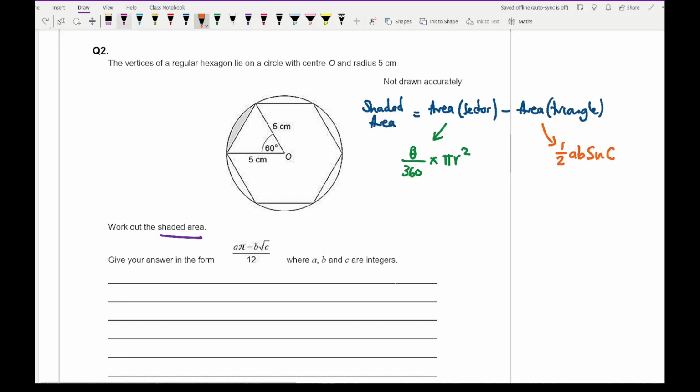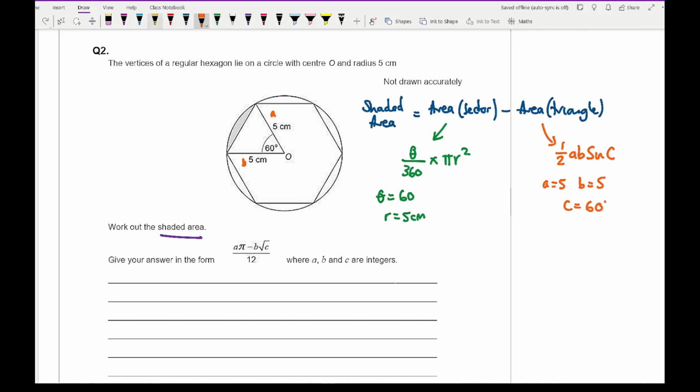In terms of working out the values, we know that theta is 60 degrees and r is 5 centimeters. For the area of the triangle, A is 5, B is 5, and angle C is 60 degrees.